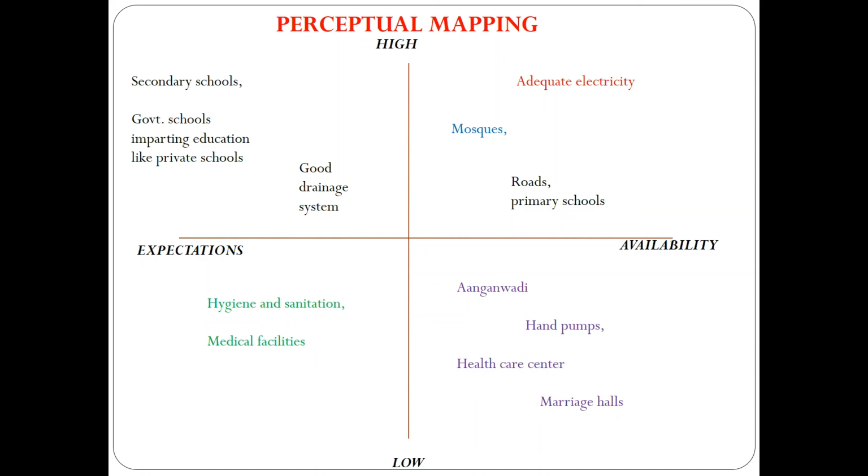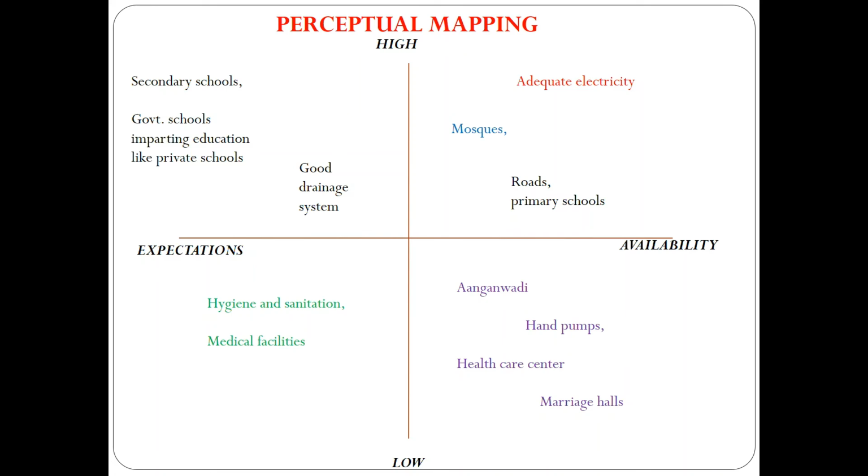This is the diagrammatic presentation of a community's situation, what the people of that community have perception about. It is basically explained in two ways, that is, what is their expectation and what is available to them. So it is on the basis of two levels, high and low.